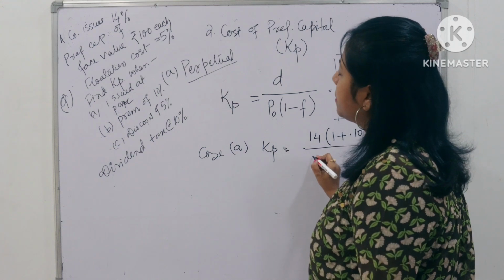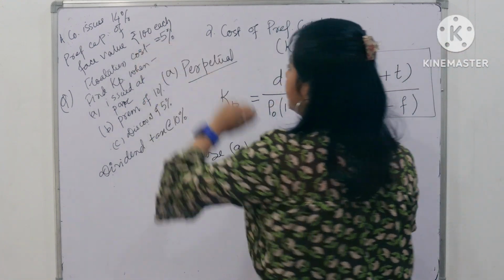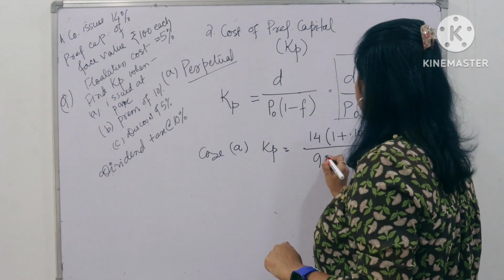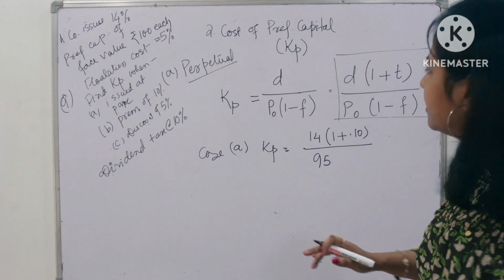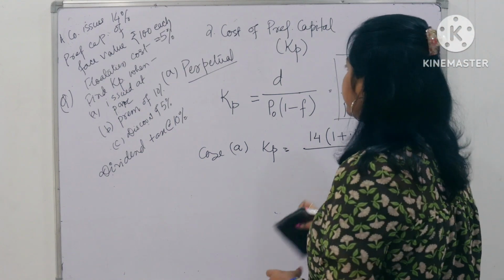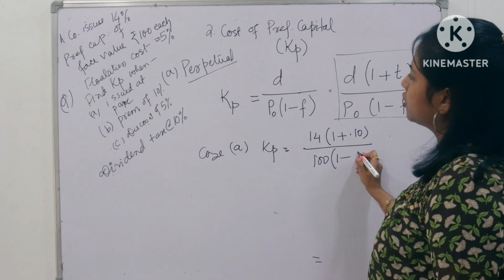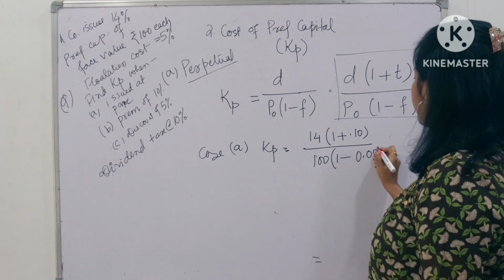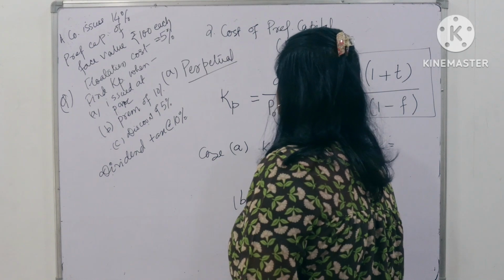P0 is 100. But there is a flotation cost of 5%, so 100 minus 5% will be 95, because we have to do 1 minus flotation cost. You can show it separately also: 100 is the face value times 1 minus flotation cost, 0.05. You will get the cost of preference capital.